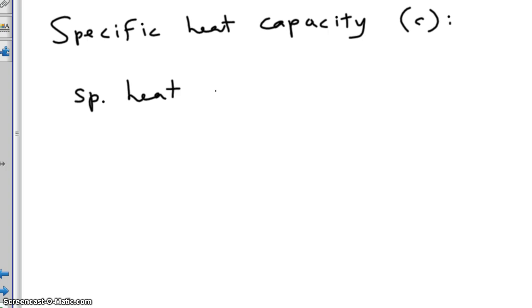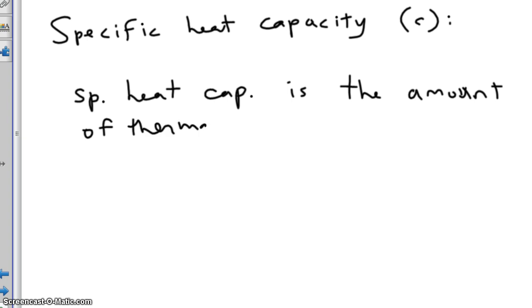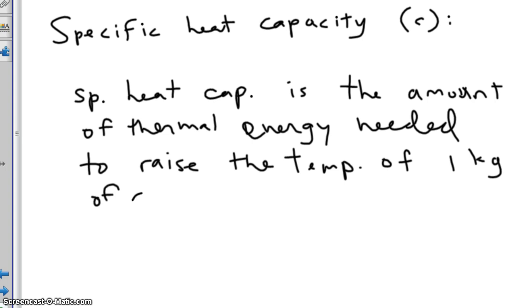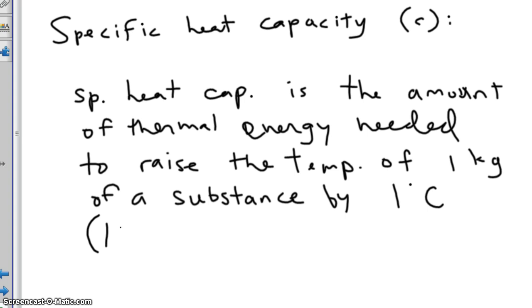Specific heat capacity is the amount of thermal energy that's needed to raise the temperature of 1 kilogram of some substance by 1 degree Celsius, which is also equal to a temperature change of 1 Kelvin.